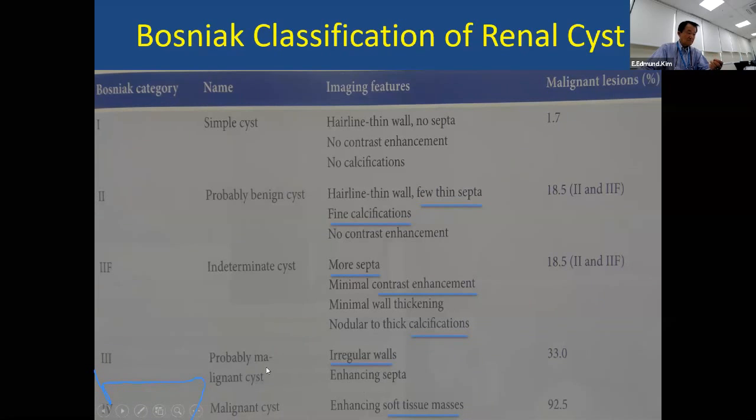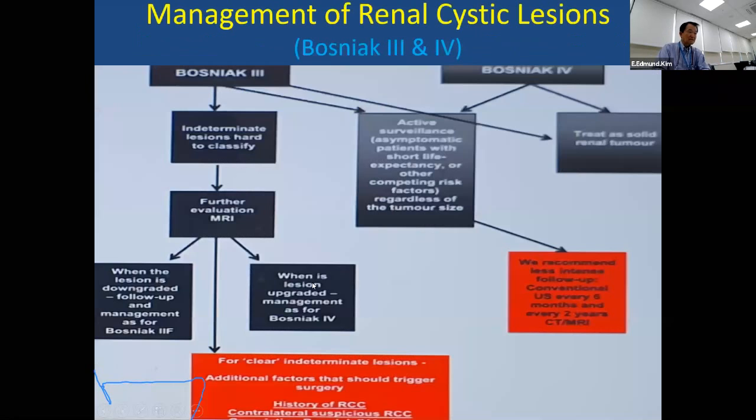Category 4 is probably malignant, with irregular margins. Indeterminate is septal contrast enhancement. Some benign categories are not easy. So greater than category 3 and 4, that's probably malignant. That's what we are concerned about.